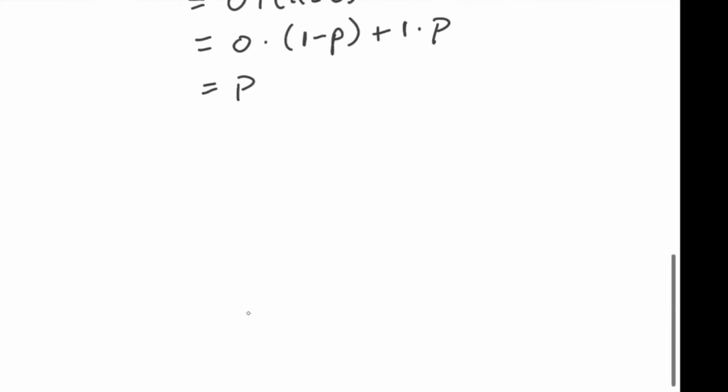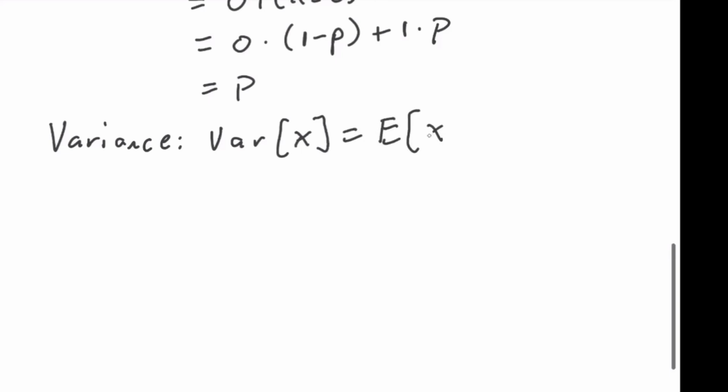Now let's go ahead and move on to calculating variance. So remember, the variance of X can be calculated as the expected value of X squared minus the expected value of X, squared, right? Okay, so of course we need to get the expected value of X squared first.